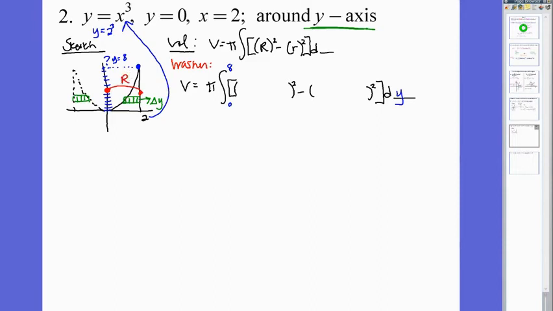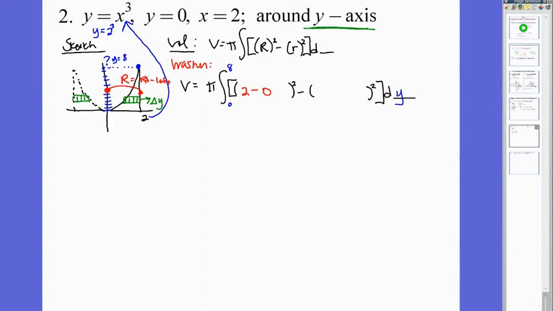And that indicates big R. Big R, in this case, since it's sideways, is going to be the right side minus the left side. So the right side is just the number 2. And the left side is the axis of revolution, which is 0. So it's just 2 minus 0.